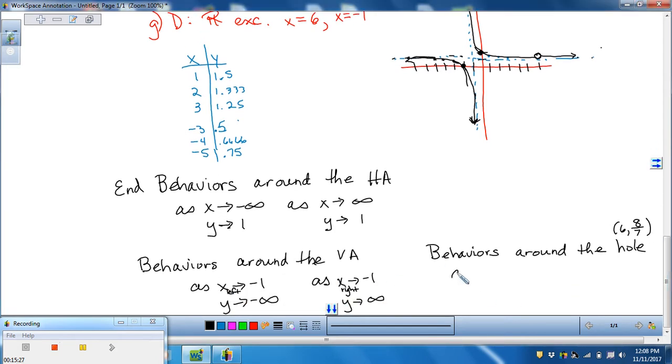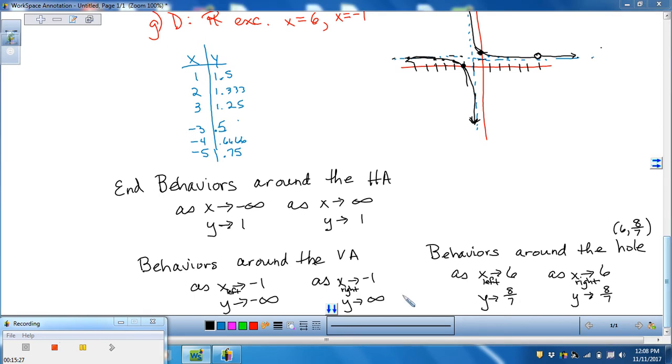So as x is approaching 6 from the left side, what value of y is it approaching? 8/7. As x is approaching 6 from the right side, if we were to come back this direction, as it's approaching 6, y is also approaching 8/7.